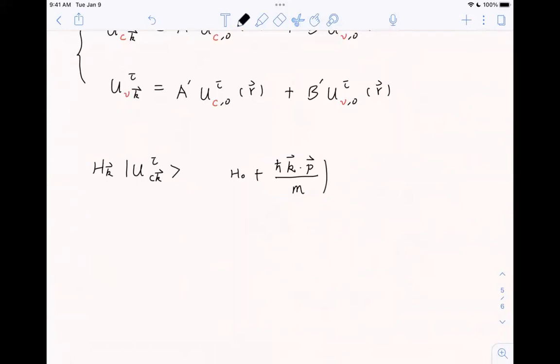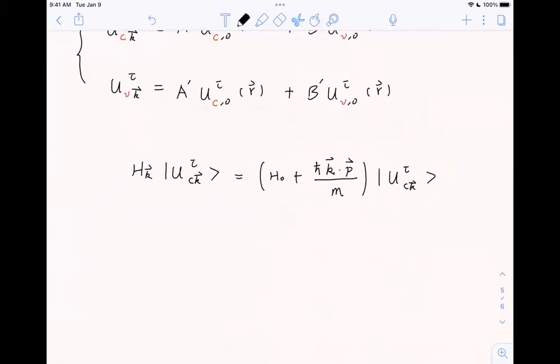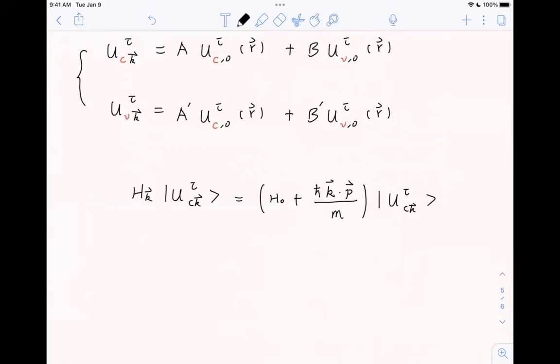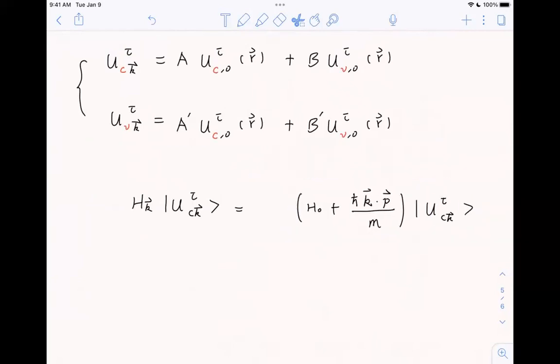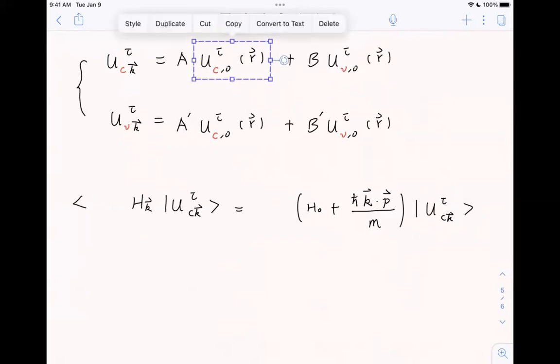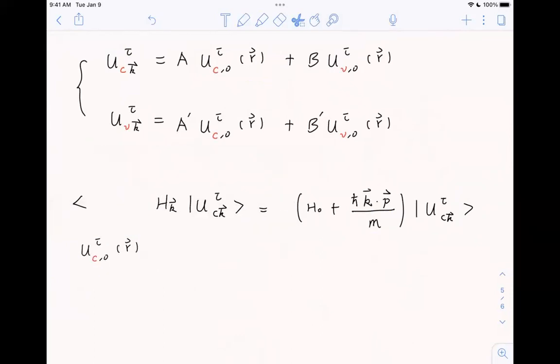Okay, so it will be like this. And then we're going to take the product on this part. Okay, so let me take this. Remove the I. Remove the I.